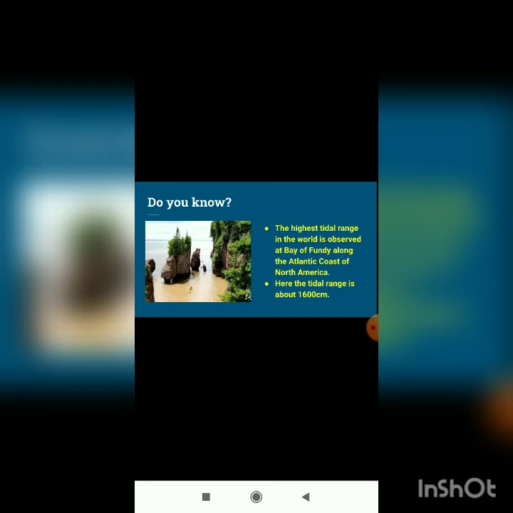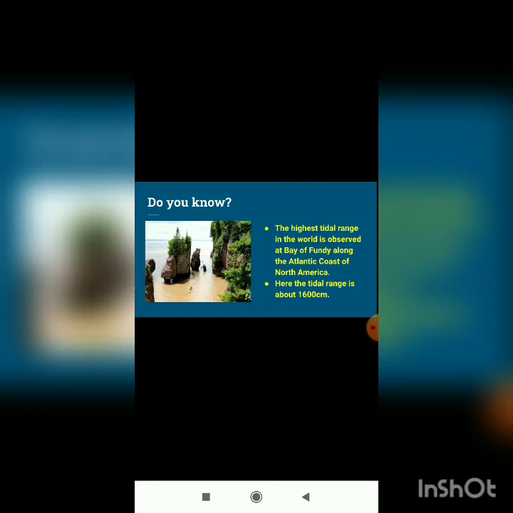Do you know the difference in the water level of the high tide and the low tide is called tidal range. In open seas, this range is about 30 centimeter. However, towards the coastal areas, it goes on increasing.